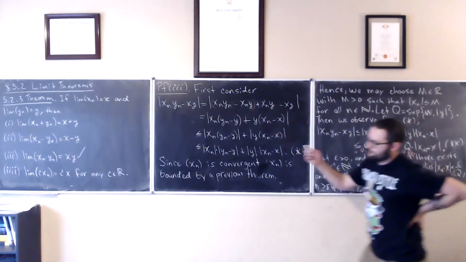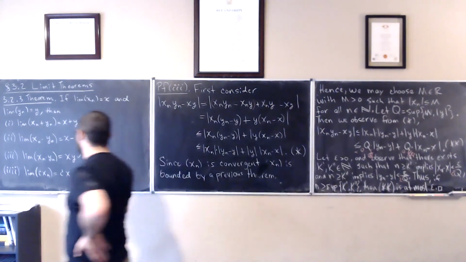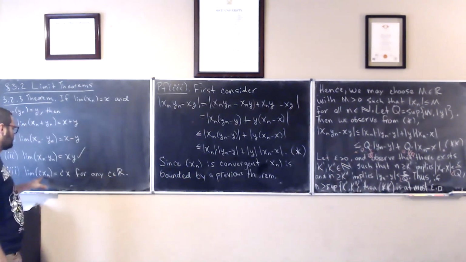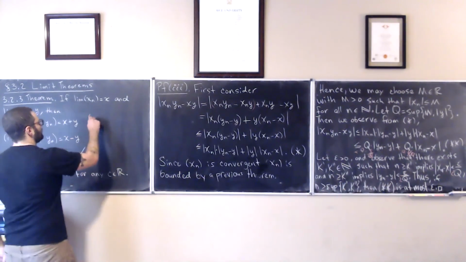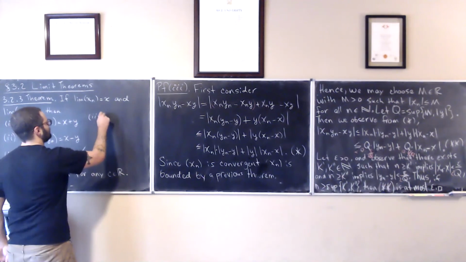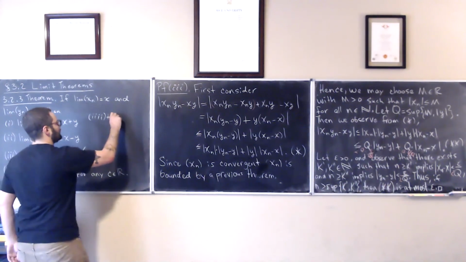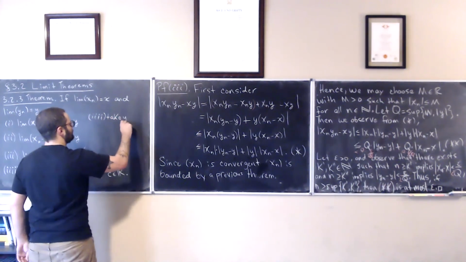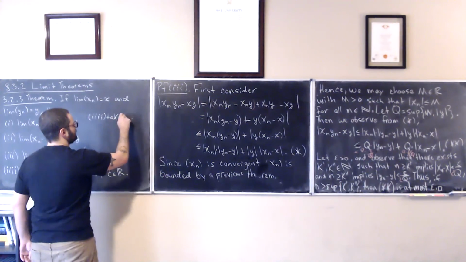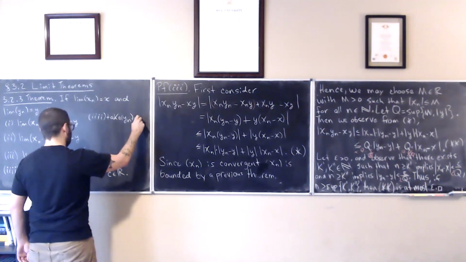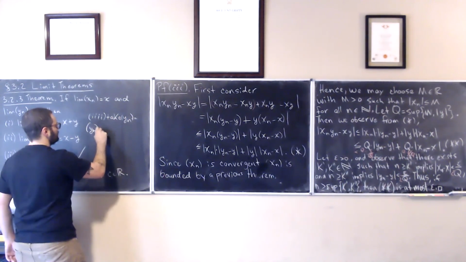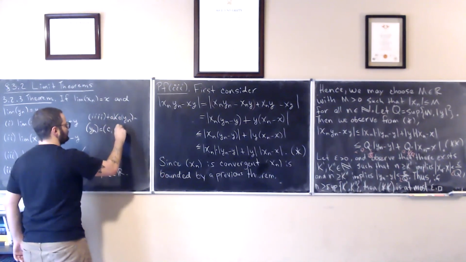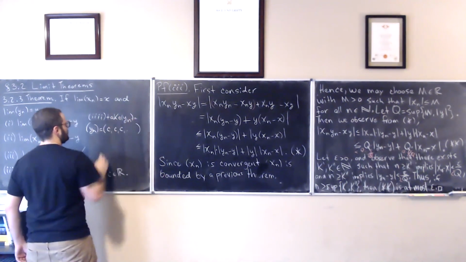Now, to prove part 4, it's actually really easy. Any constant times that is equal to the constant times that. Well, for part 4, take yn equal to c for all n.